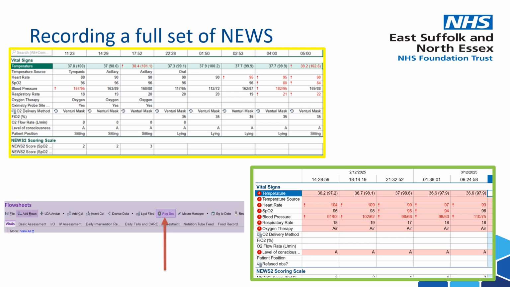This includes the temperature, the heart rate, the oxygen saturations, the oxygen therapy, and if they are on oxygen, we need to record the flow rate or the FiO2, the patient's blood pressure, the respiratory rate, and the patient's AVPU. If you miss any of these elements, Epic still allows you to save the vitals, but your patient will not have a new score calculated. As a result, they will not be highlighted as needing escalation, and the timer will not be reset.